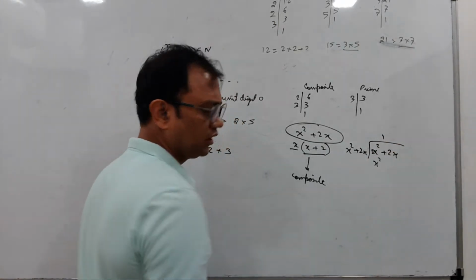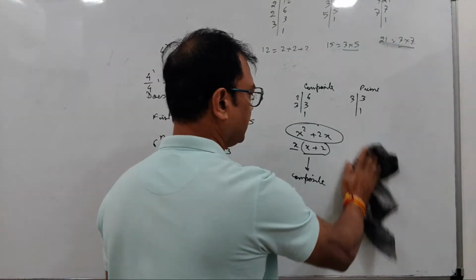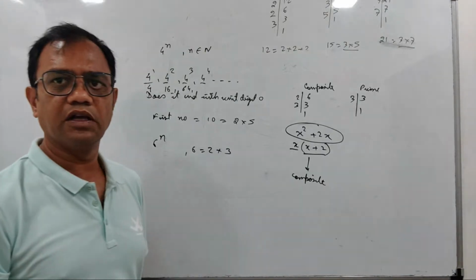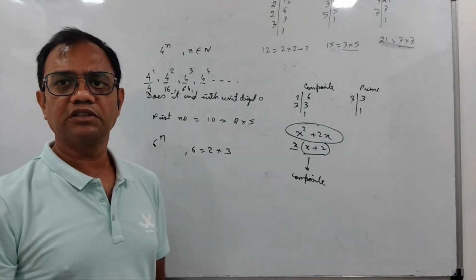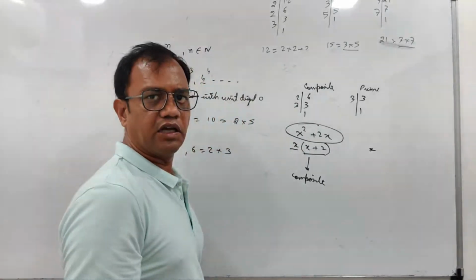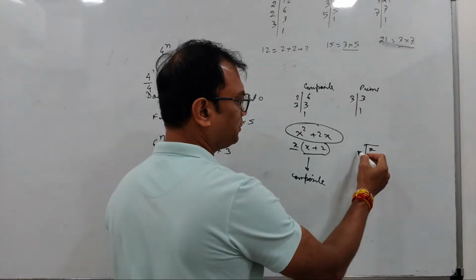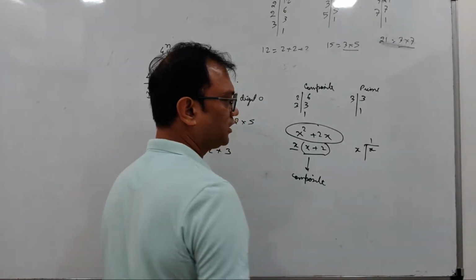But over here, we have factors x and x plus 2 as well, so we cannot call it prime. Suppose I tell you x, where x is a variable. Then I can call it prime because x has factors x and 1.